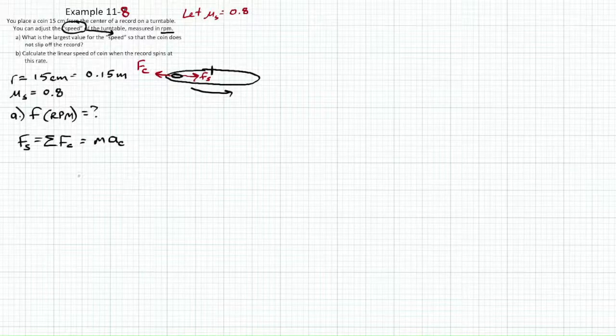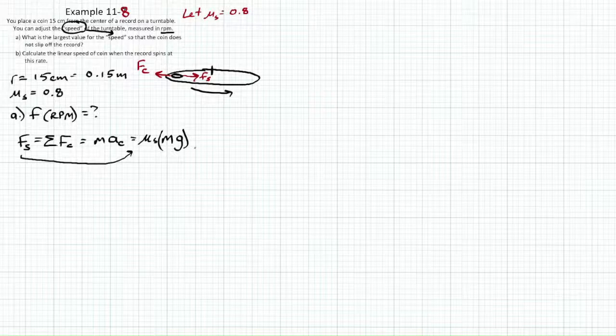But we do know how to find the maximum static friction force. That is the coefficient of static friction times the mass times gravity. Or it's really the coefficient of static friction times the normal force right there.